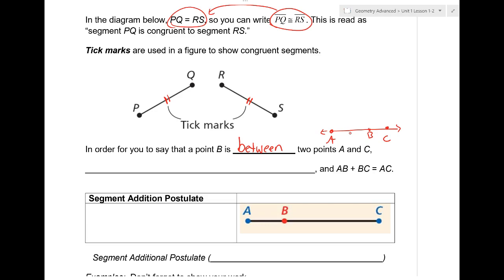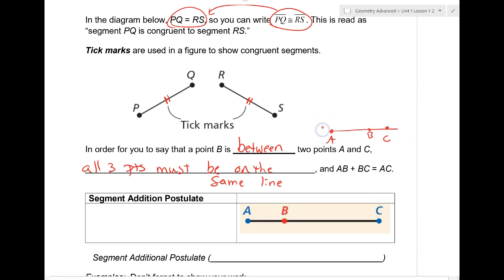So in order for that to happen, all three points must be on the same line. So basically, if points are on the same line, it's called what? I think yesterday. Points on the same line? Collinear. Exactly.